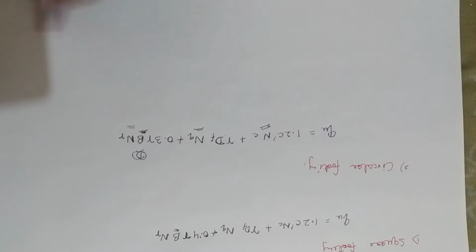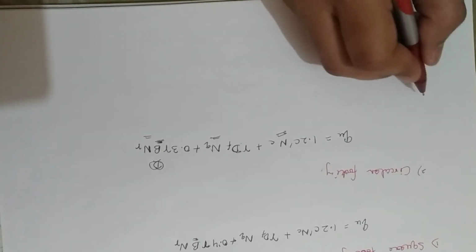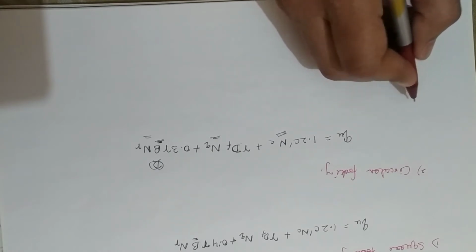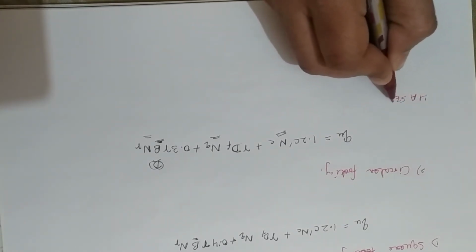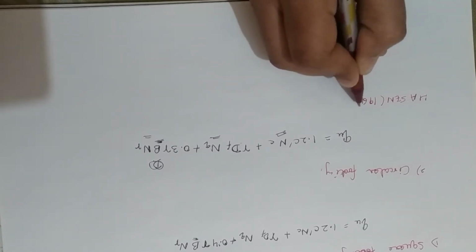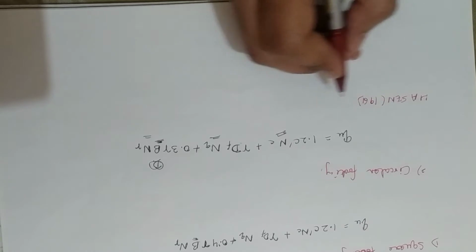Now some other experiments were also done by some other geotechnical engineers. One of them was Hansen. In 1961, he gave an equation for the ultimate bearing capacity.